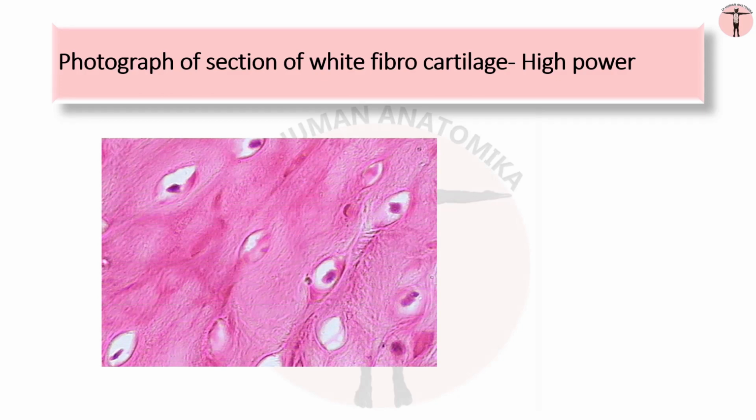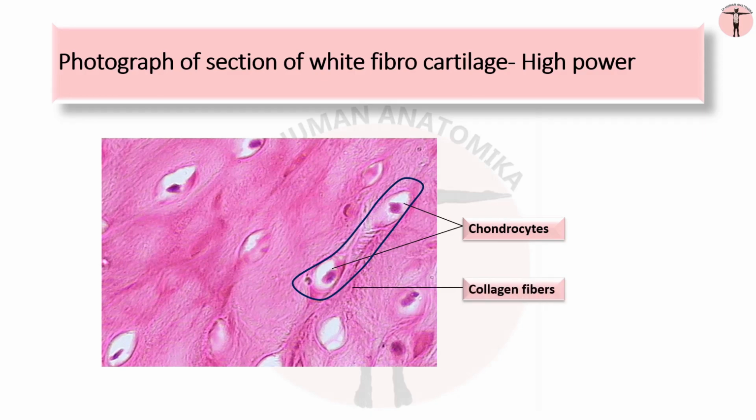This is the photograph of the section of white fibrocartilage under high power of the microscope. The section is focused to show the enlarged view of chondrocytes in linear row surrounded by the collagen fiber bundles and minimal ground substance around the chondrocytes.